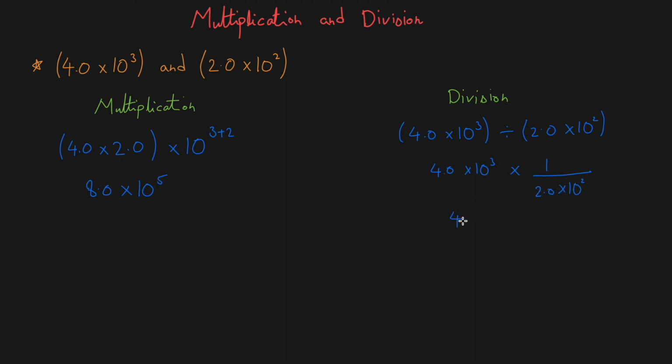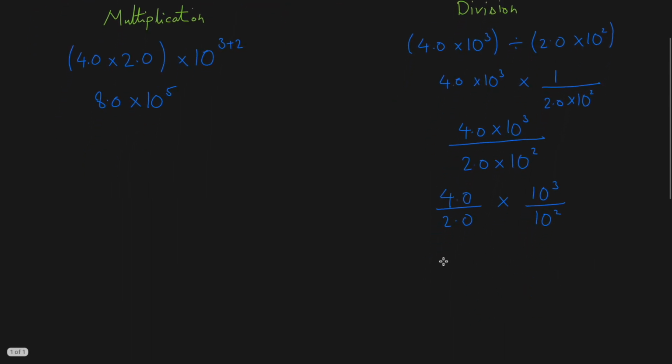Some additional steps, just to make sure that you are getting the point. So we'll have 2.0 times 10 to the power 2. Let me separate this out a little bit. We'll have 4.0 by 2.0 times 10 to the power 3 by 10 to the power 2. Here we're simply going to divide. We know dividing this will have the answer 2.0. So how do we do the exponent part?